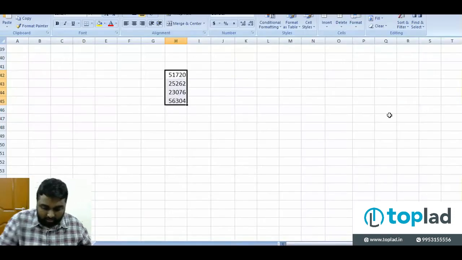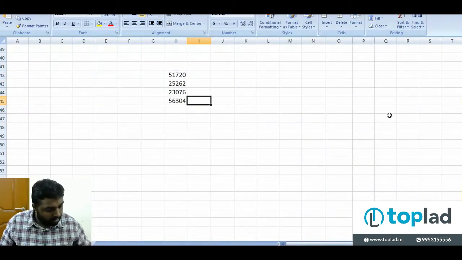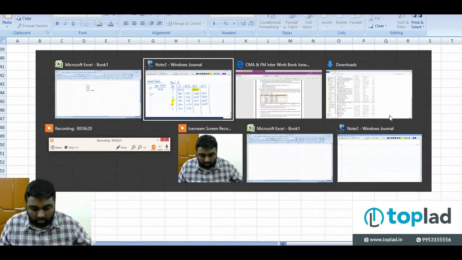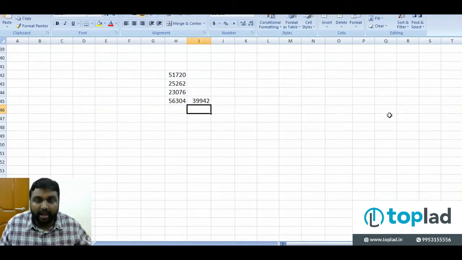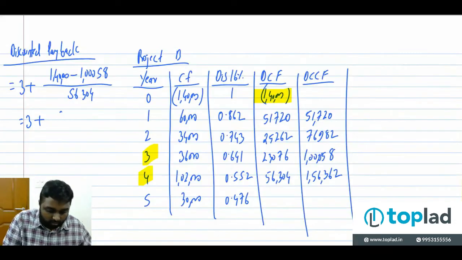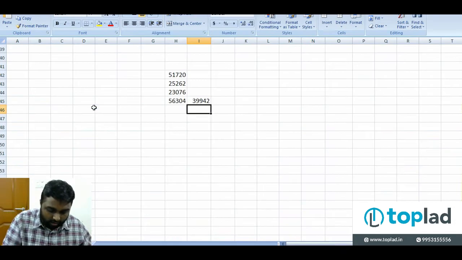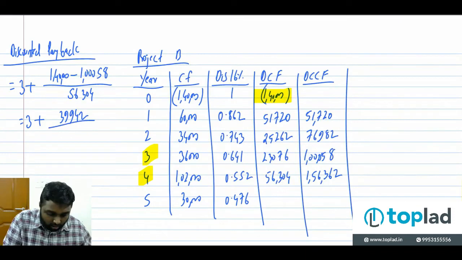1,40,000 minus 1,58,000. You will get 39,942. 39,942 divided by 56,304.